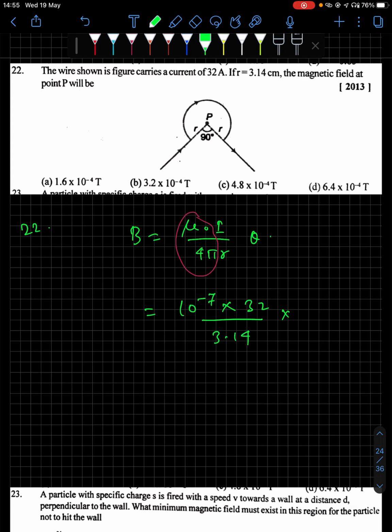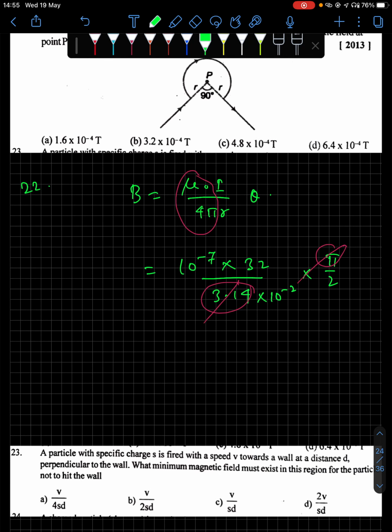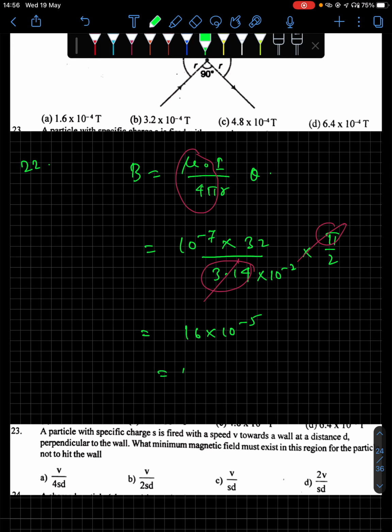So 3.14 into 10 to the power minus 2 you have to do in meter, into pi by 2. So this 3.14 and pi you can cancel, and what stays behind is 32 divided by 2 is 16 into 10 to the power minus 5. So this can be written as 1.6 into 10 to the power minus 4. So this is your result, option number A.